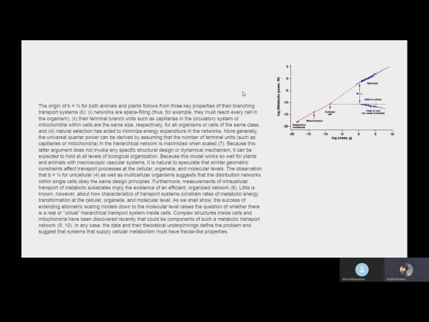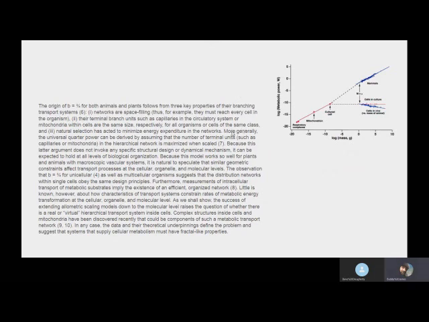And three, natural selection has acted to minimize energy expenditure in the networks. So it's a minimal energy configuration, just as the Birkeland currents are, and the geometry of the Doherty network and the Doherty set and Theodoretian roots.